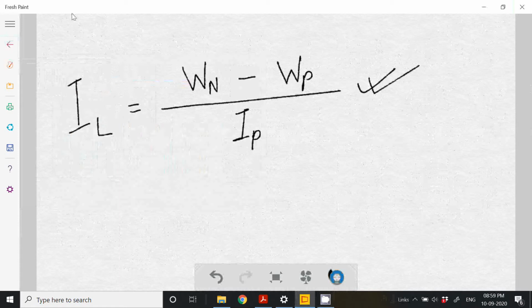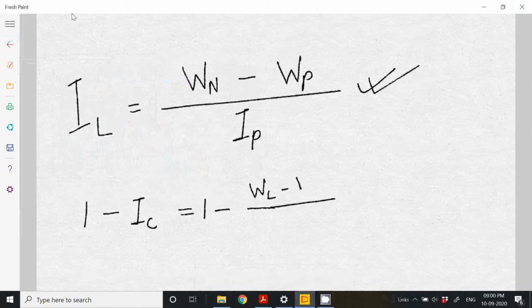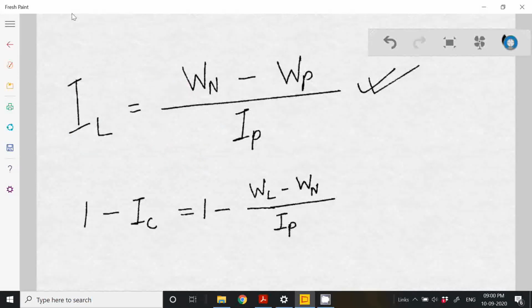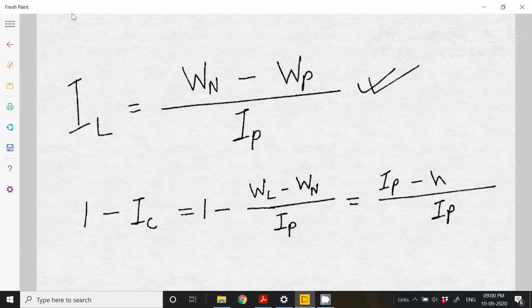If I try to write 1 minus IC, what do we get? 1 minus WL minus WN by IP, right? If I am writing 1 minus IC, so what does it mean? If I write IP here, so IP minus WL plus WN, isn't it?